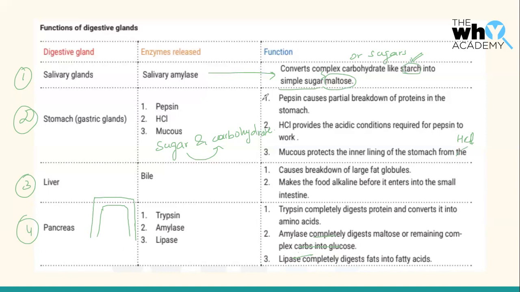This is your small intestine, and then you have your large intestine coiled up here like this, right? These three parts, the ascending, the horizontal, and the descending limbs, have been given three different names, three different regions, because each of them has a different function to perform.